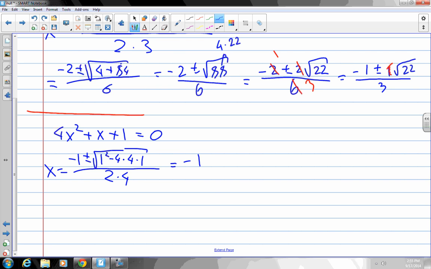So this is negative 1 plus or minus the square root of negative 15 all over 8. And we have a negative under the square root.